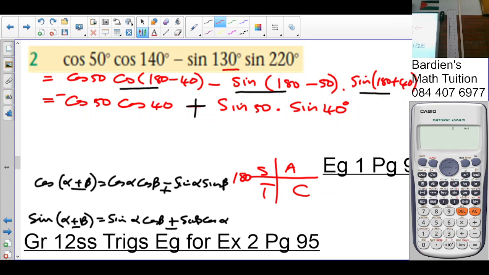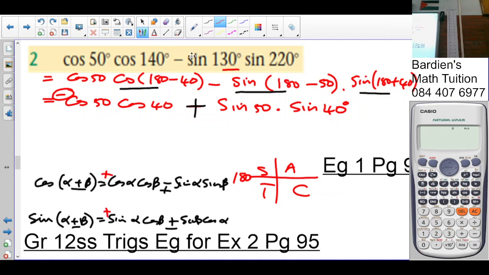So what do we see now? Cos, cos, sine, sine. But what do you notice about this compared to the formula that we have here? There's a negative in front. Are you worried about that? Why? Because here it is positive.